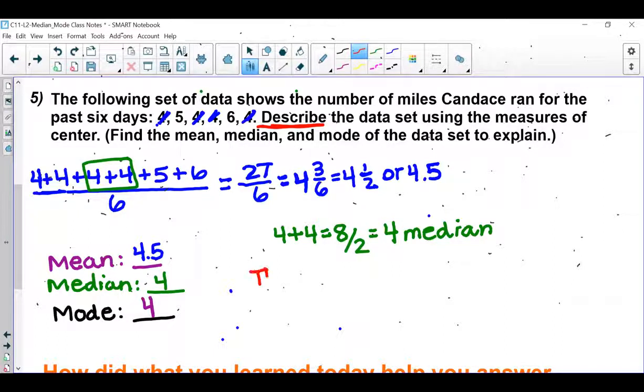So we can say the mean, or we could say the average, the mean is 0.5 greater than the median.